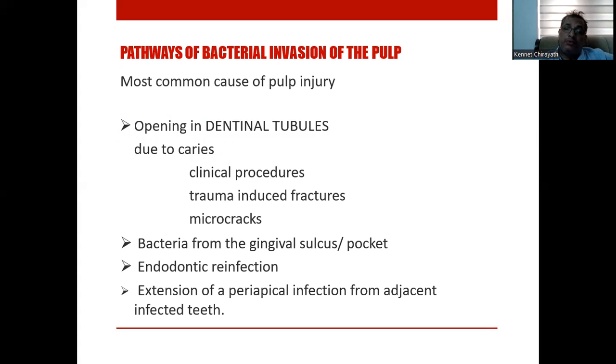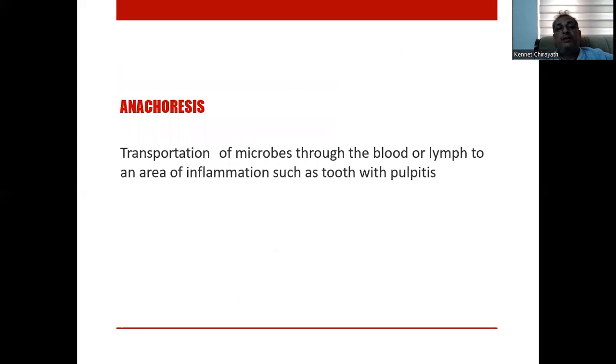Then come clinical procedures, then trauma-induced fracture and micro crack. Then bacteria from the periodontal pocket or gingival sulcus, endodontic reinfection, and extension of periapical infection from the adjacent infected tooth. So these are the pathways of bacteria entering into the pulp.